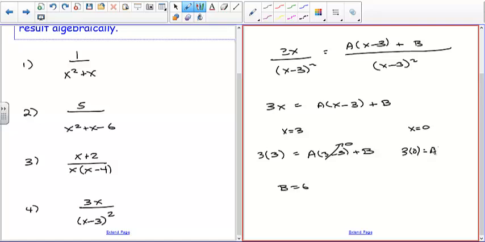And so then you have a times 0 minus 3 plus b, but b is 6 from the previous step. So you'll get 3 times 0 is 0. A times negative 3 is negative 3a. And then we have the plus 6, so that it's negative 6. 6 goes to the other side, becomes negative. You divide by negative 3, so you get negative 6 divided by negative 3, which is 2.